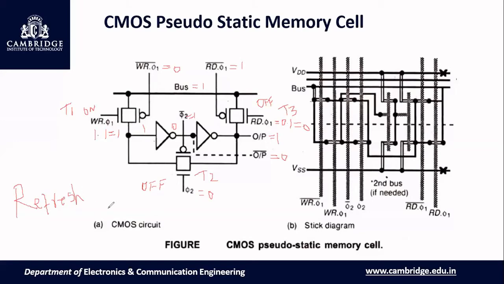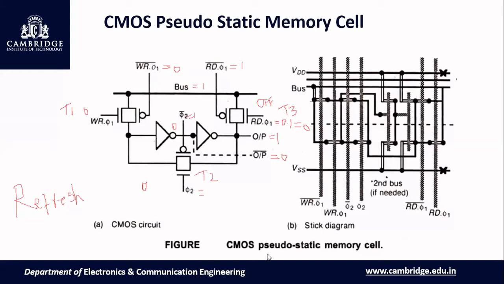For refreshing, phi2 should be made 1. Now we are doing refreshing.